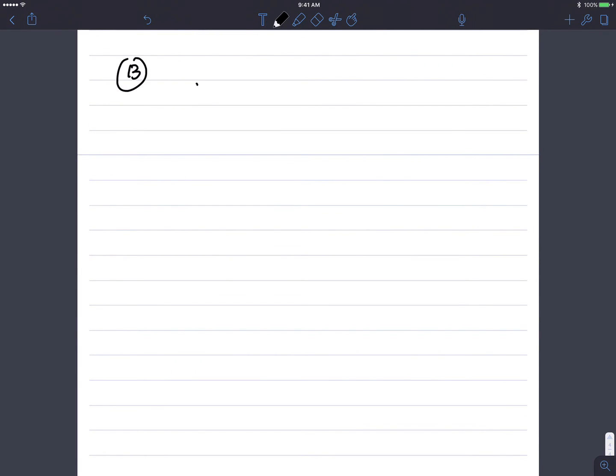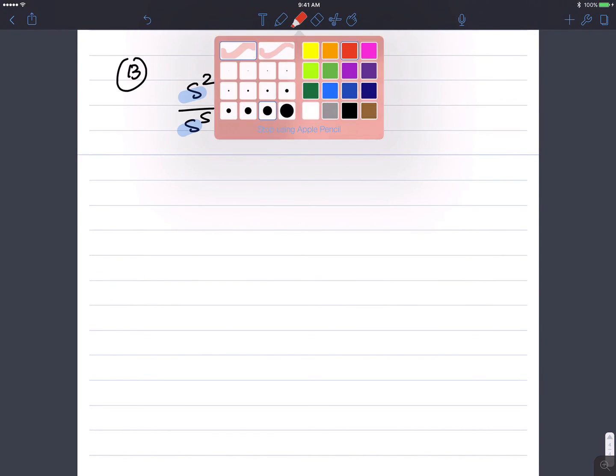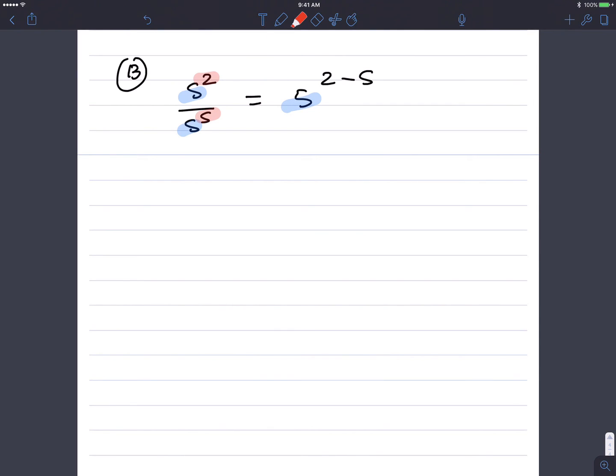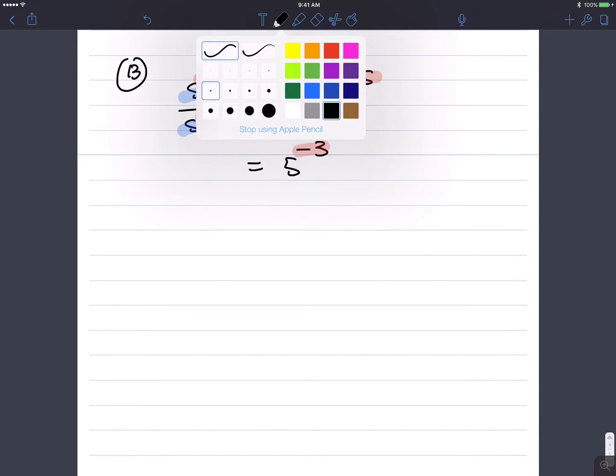Number 13. 5 squared over 5 to the fifth. Same base. Subtract the powers. 5 is my base. 2 minus 5 will give me negative 3. Again, a negative power.